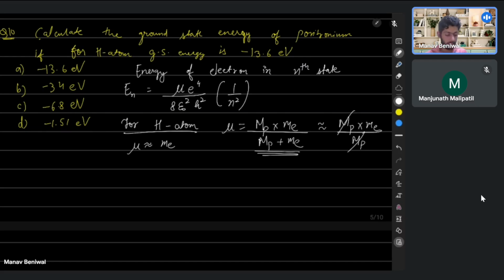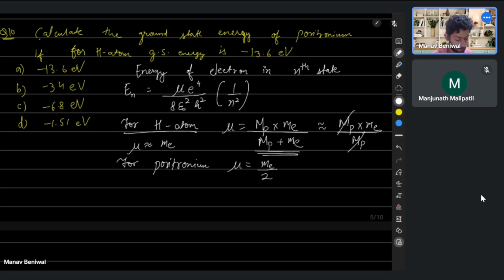And we had already calculated for positronium that mu is mass of electron divided by 2.